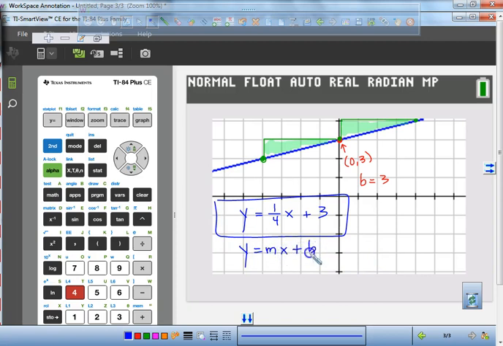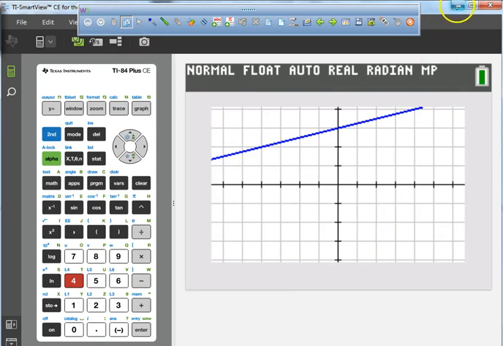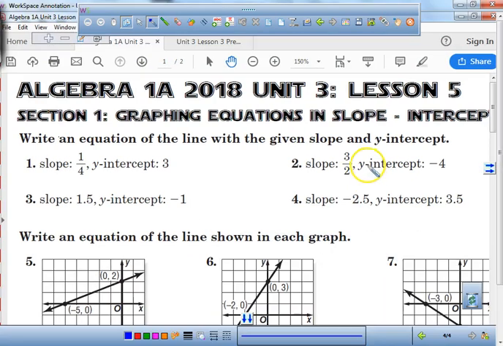What's the easiest form, in my opinion, to interpret? Slope-intercept, because it gives you the slope and the y-intercept every single time. This is the picture that goes with the problem. All I want you to do right now is write number 2, number 3, number 4. In what form?